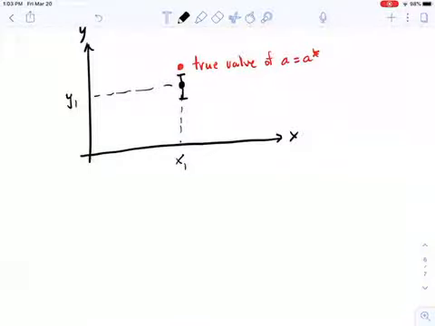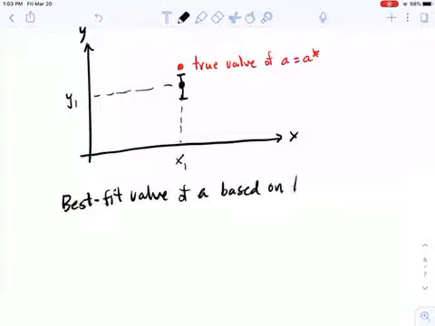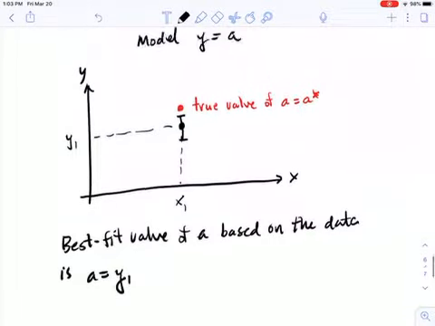Okay, but if we just have a single measurement and we need to estimate the value of a single parameter, all we can do is say, well, the best fit value of a based on the data is a is equal to y1. Right? We can't do any better than that.